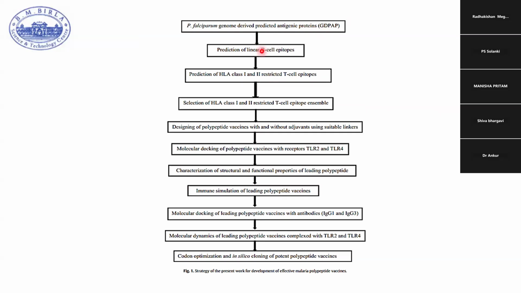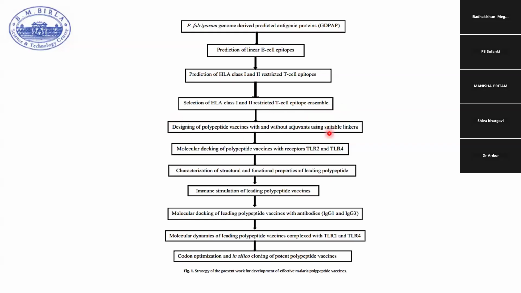Either you can predict your T cell or MHC class 1 or class 2 epitopes using these linear B cell epitopes, or you can predict directly from the antigen. After that, you have to select, because whenever you enter your antigen, you will get thousands of epitopes. So you have to screen out highly probable and highly potential T cell epitopes.